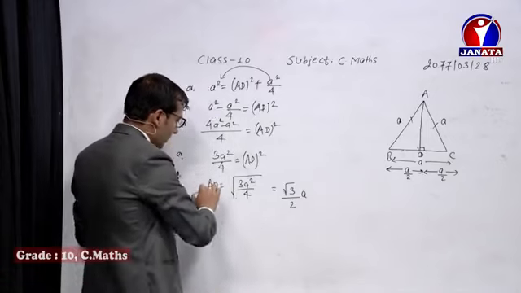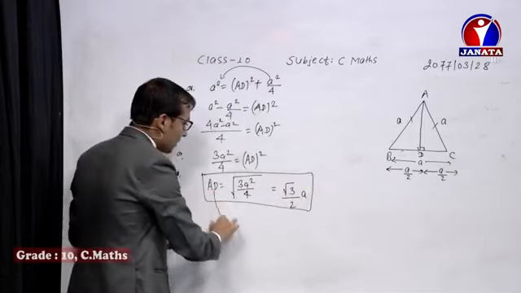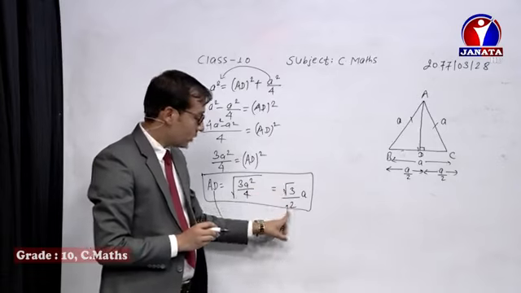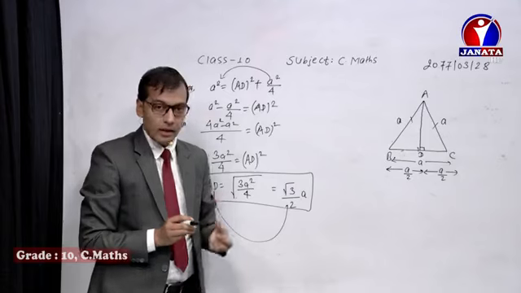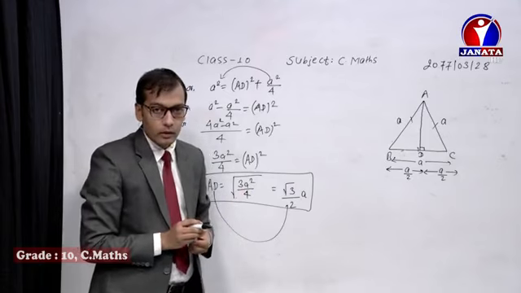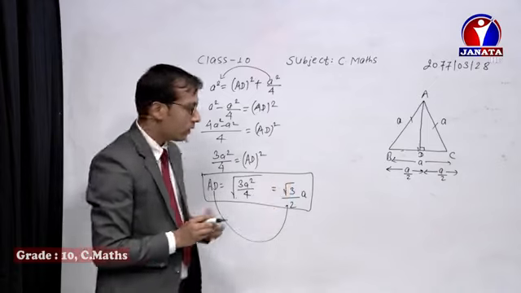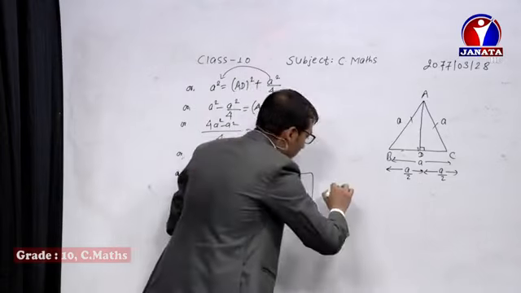So AD, this is the height. So what is the height? It is square root of 3 over 2 times A, where this small a is the length of a side of an equilateral triangle. So after knowing AD, what is the basic formula to find area?